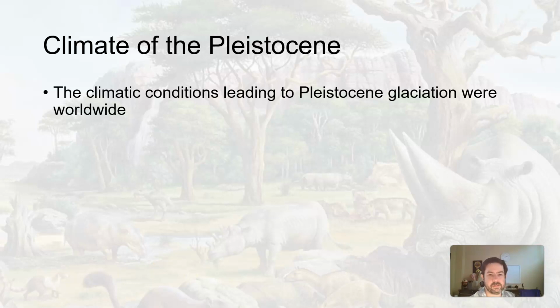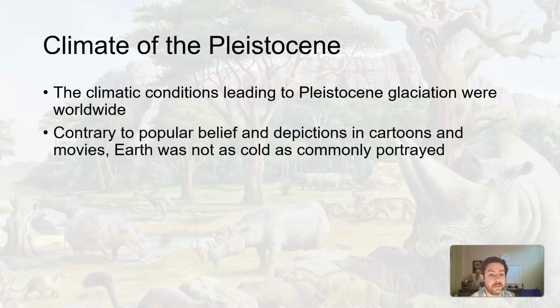The climatic conditions leading to the Pleistocene glaciation were worldwide, but contrary to popular belief, and again, maybe the Ice Age movies are to blame there, Earth was not as cold everywhere as commonly portrayed. I mean, it was cooler, for sure, but it's not like everywhere was just frozen.